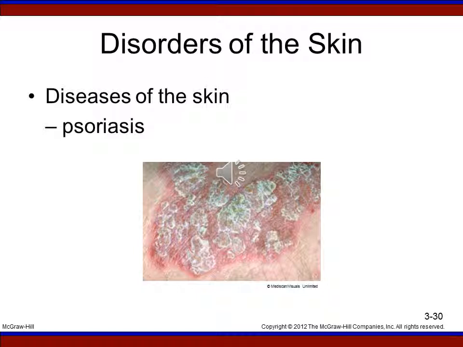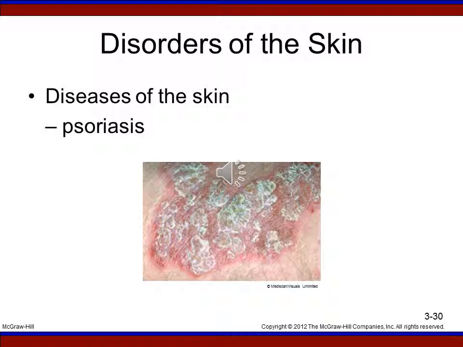Here we have psoriasis. Psoriasis is itchy, flaky, red patches of various sizes, and they're covered with white or silvery scales. You can take a look at figure 3.17 for an illustration of psoriasis.